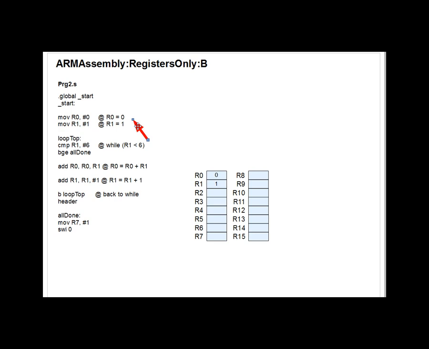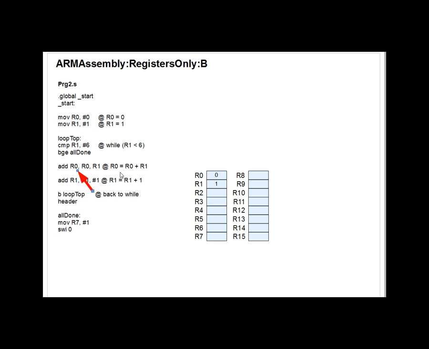Now let's skip lines 7 through 9 for the moment and look at lines 11 and 12. These are add instructions. They add their two rightmost operands, like R0 and R1 here, and then put the result into the left operand. As the comments indicate, they're essentially assignment statements, like R0 equals R0 plus R1.